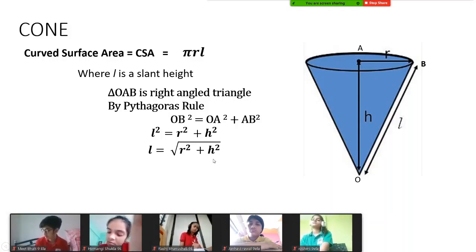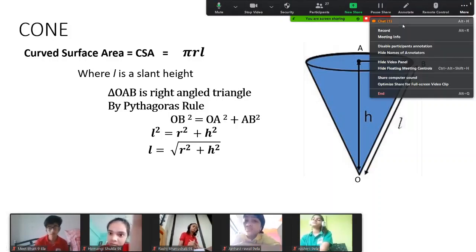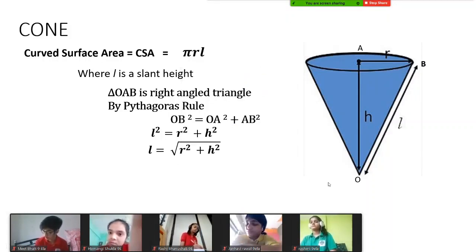Janvi, you have to write. You don't have to sit. Anytime I ask for your notes or anything, I will call you to school and ask you to submit your book. 10 students at a time, I will call you to school for notebook checking. If your notebook is incomplete, then you will be punished.